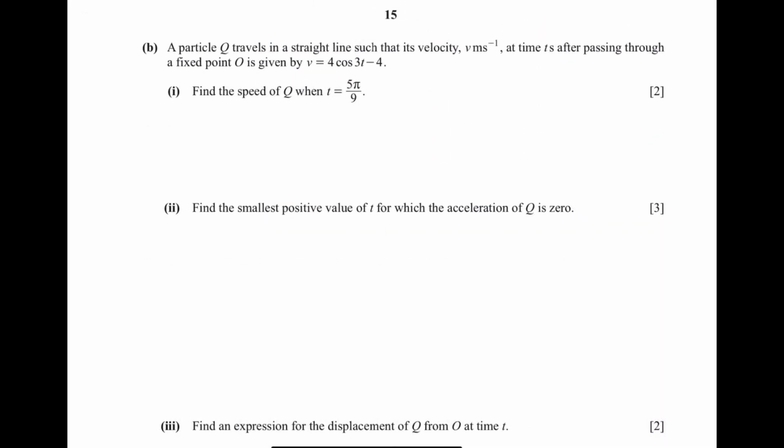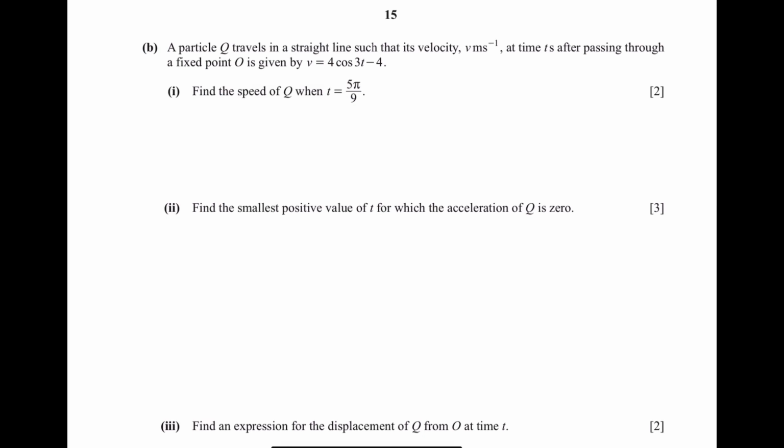This is question B. A particle Q travels in a straight line such that its velocity is v meters per second at t seconds after passing a fixed point O, given by v equals 4 cos 3t minus 4. Now we need to find the speed of Q when t equals 5 pi by 9.